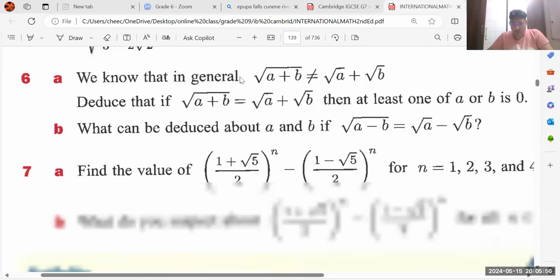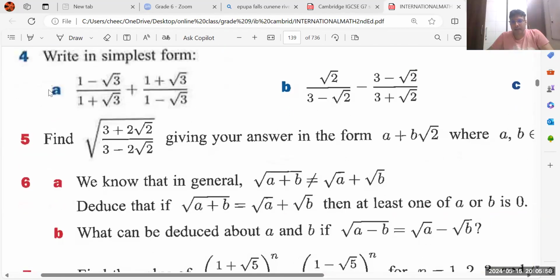So which one you want to do? A part करना है. This is slightly tougher. Want to do? Okay, sir.